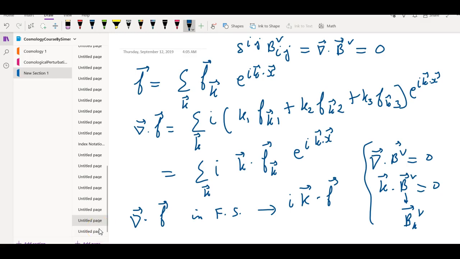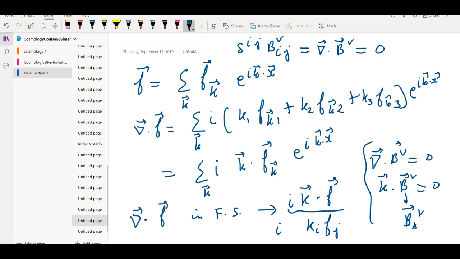One thing I also want to mention is that you may like to write this in index notation. You would write this as k_i F_j delta_ij. Don't confuse this i with the index.